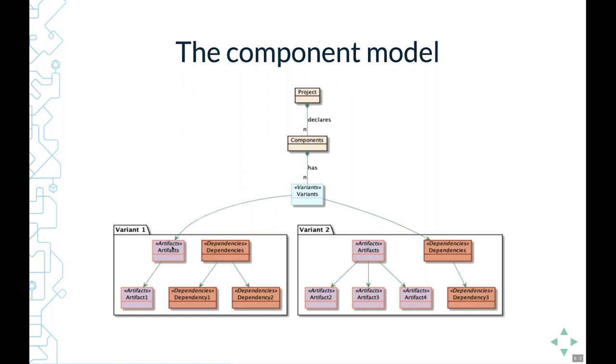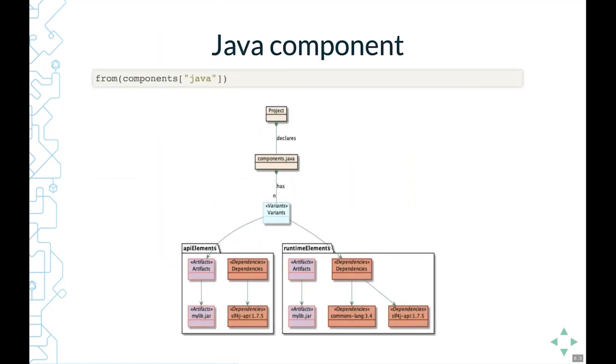So typically in the Java ecosystem, what you get is something that looks like that. So when we say in the publishing side from components Java, actually what happens is that Gradle defines a software component that is named Java and has a number of variants.